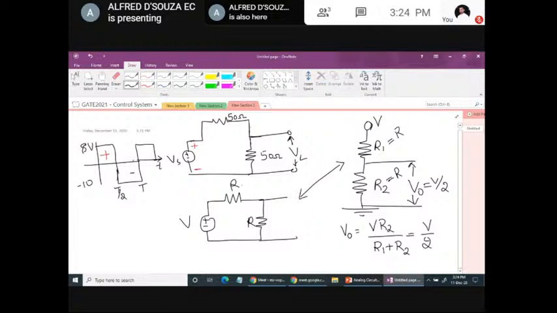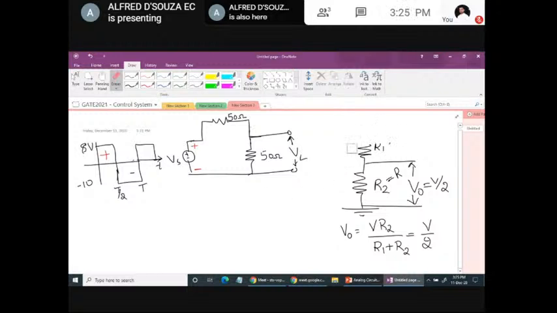Even in this case, the voltage across second resistor is V by 2. So the same scenario is present here in this question also. So what we have is a voltage divider network. So output voltage will be the supply input voltage divided by 2 because both the resistors are equal.